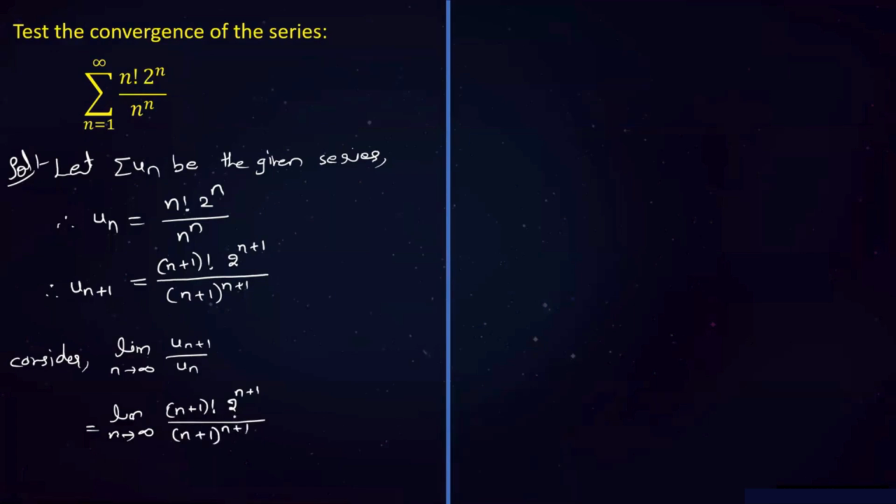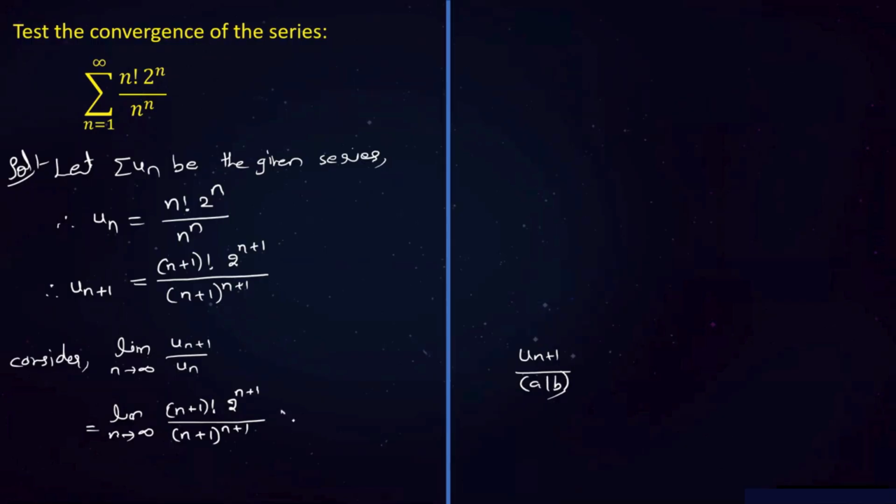Now we need to write un in the denominator to this. Un plus 1 divided by un is something like a by b. Un is also a rational thing. When you have a fraction in the denominator, we can write its reciprocal in the numerator.